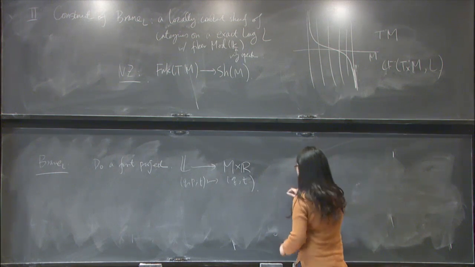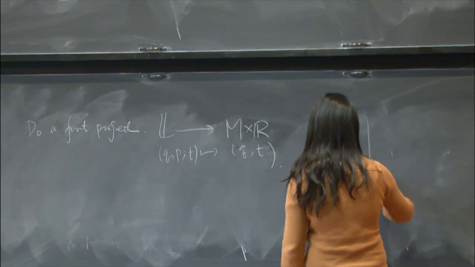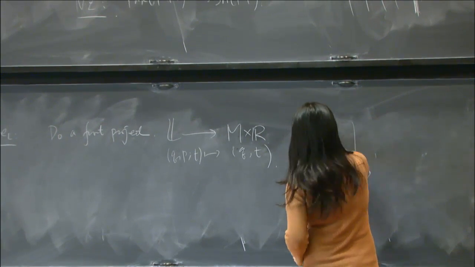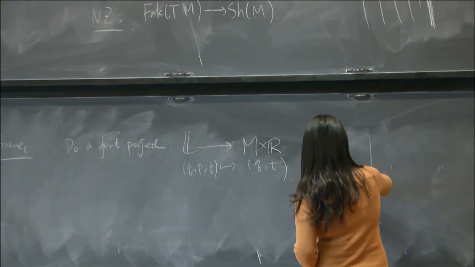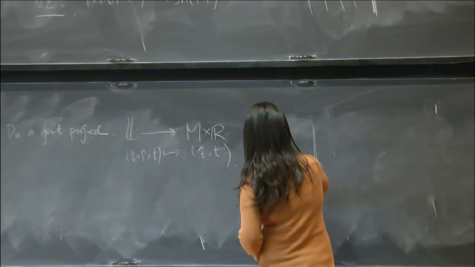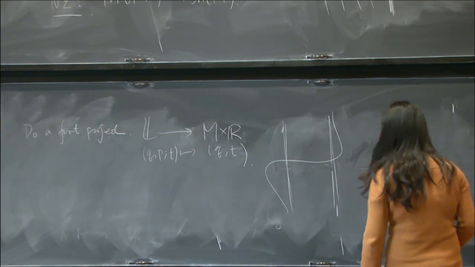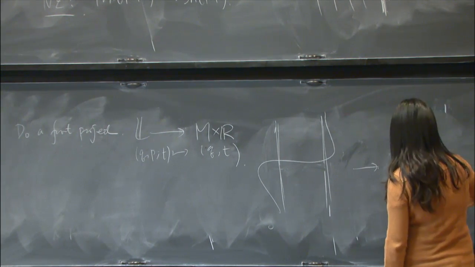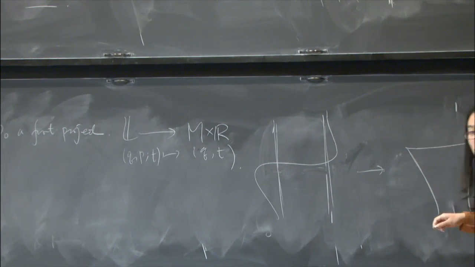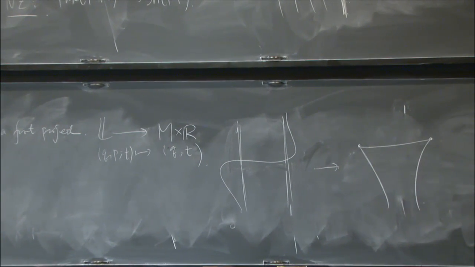So in this example, what you get is the front projection is just this one, with some wavefront singularities.